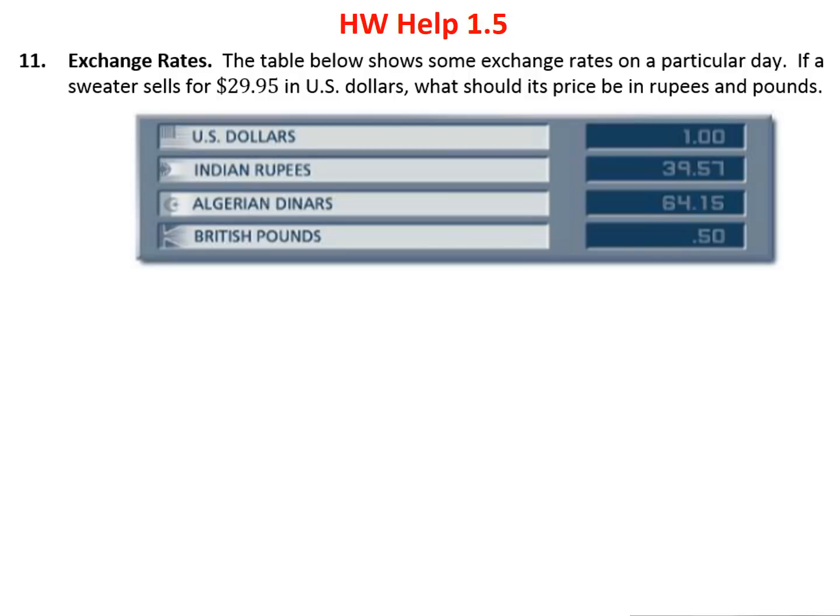The table below shows some exchange rates on a particular day. If a sweater sells for $29.95 in US dollars, what should its price be in rupees and pounds? Well, in rupees, I have $29.95, and I want to sell it in rupees. Well, in this case, I want to go to rupees, and I want to get rid of the dollars.